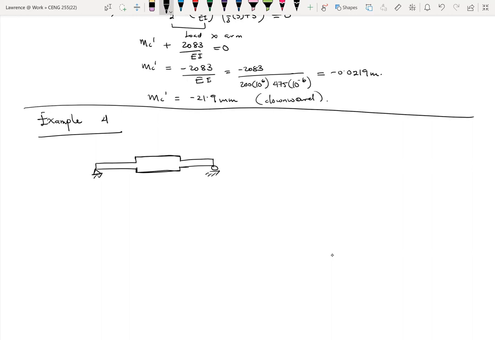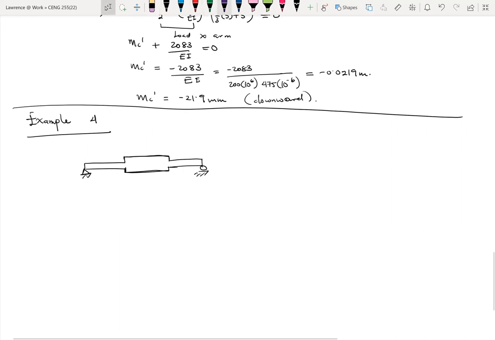So this is a beam in real life. There's a point load right at this edge here. There's a point load at the midpoint. There's a point load at the edge. Okay. So this is 30 kilonewton. This is 40. It's also 30.